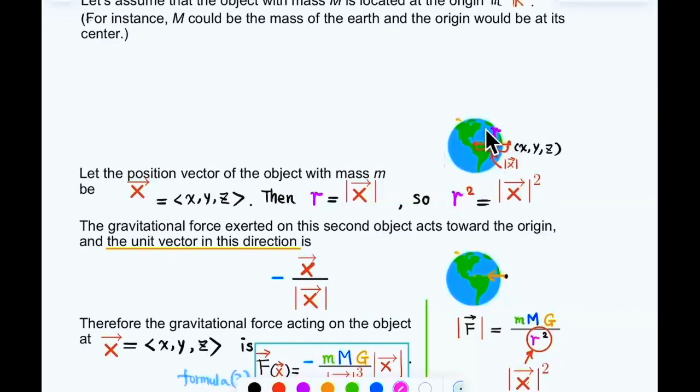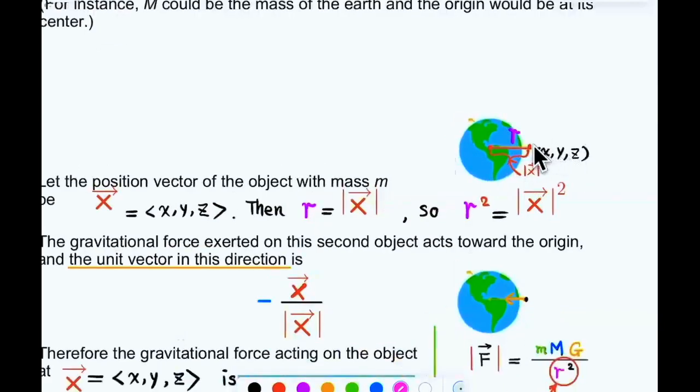So think about this is the Earth. Think about you have an object in outer space, and it has this XYZ coordinate. So the position vector of this point in outer space will be x arrow right here, which is the position vector of this point, right?